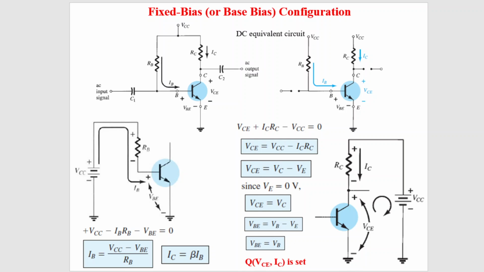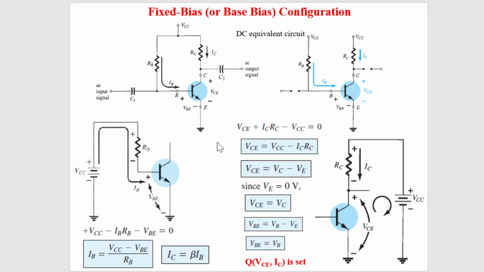Once you set the Q point, and you come to know the Q point of your transistor, you can use this transistor as an amplifier for a given applied input AC signal. So this is the theory part.